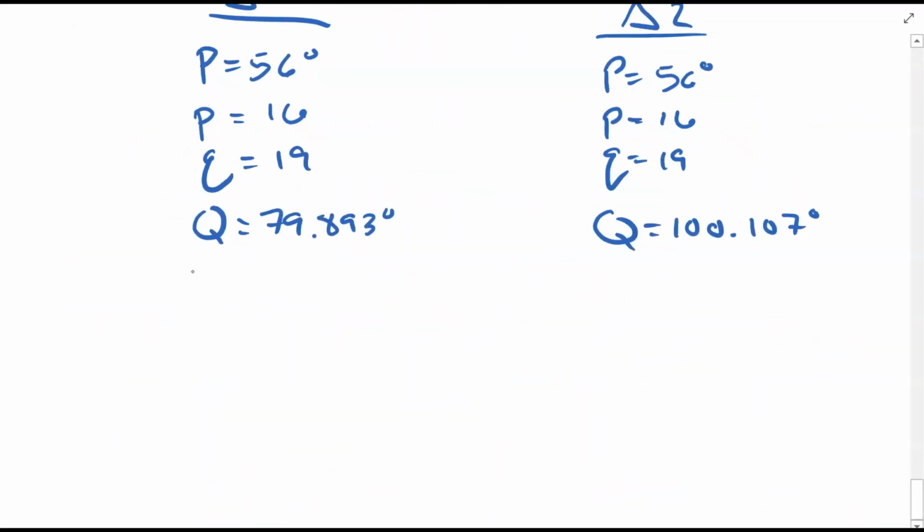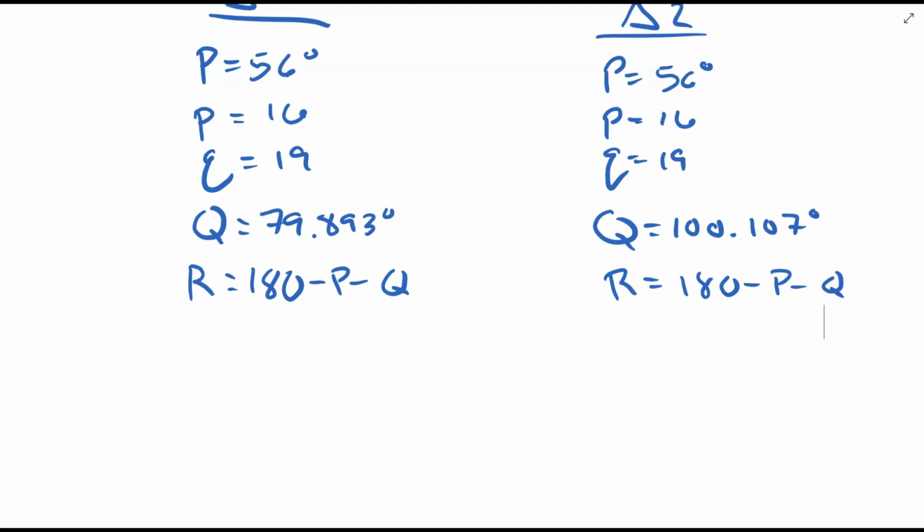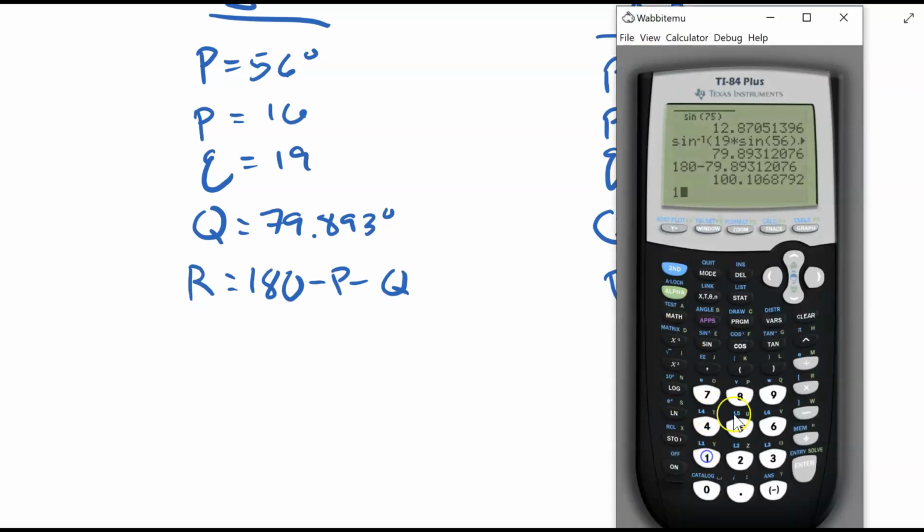Okay. So how would I find angle R then? Yeah, 180 minus angle P minus angle Q, right? So 180 minus 56 minus 79.893.